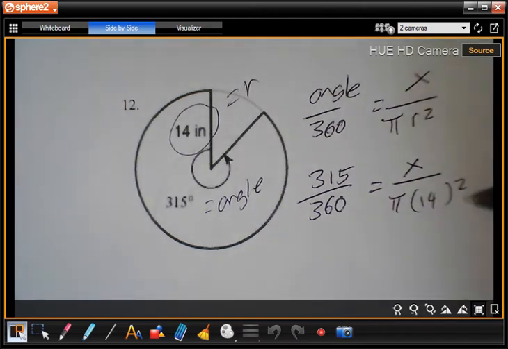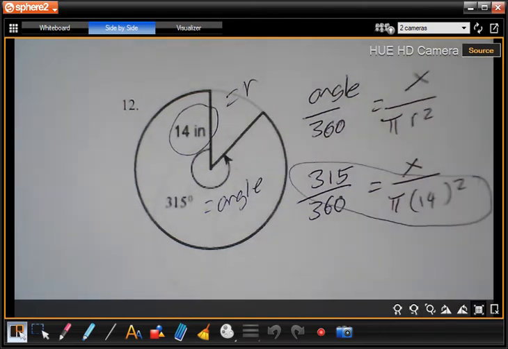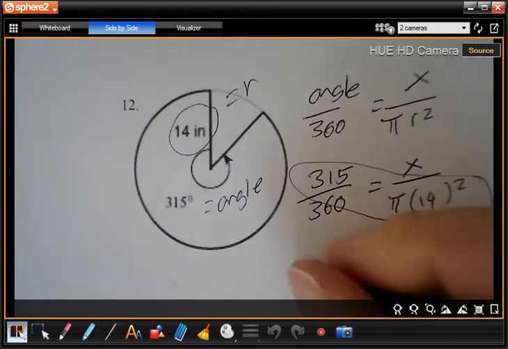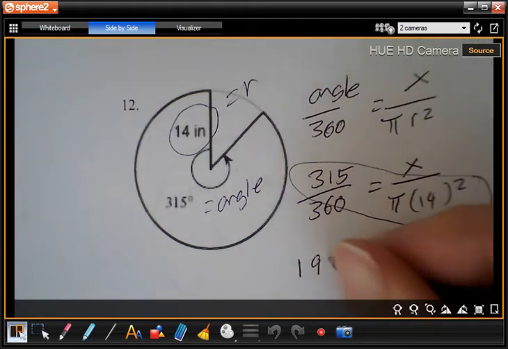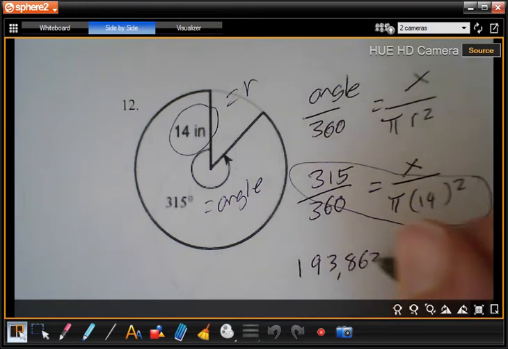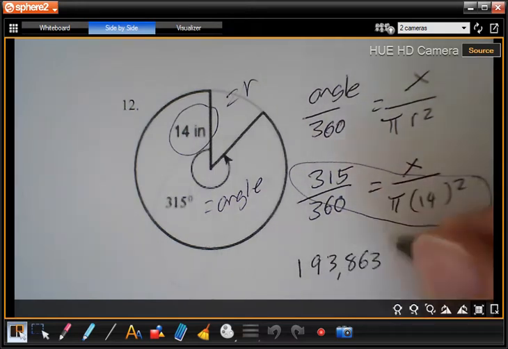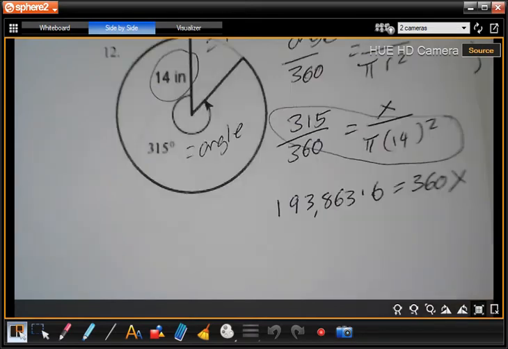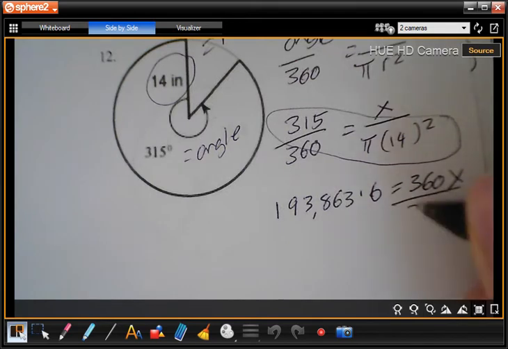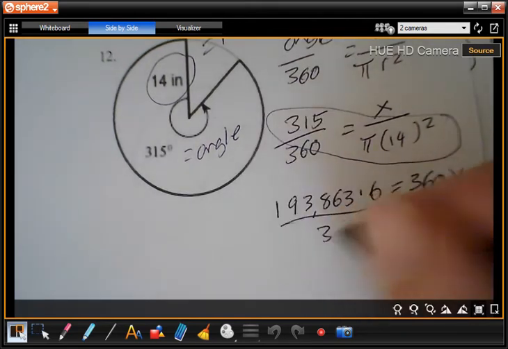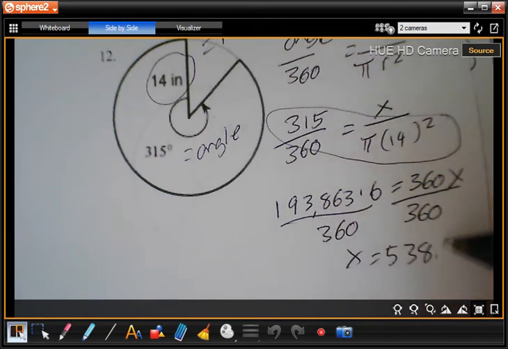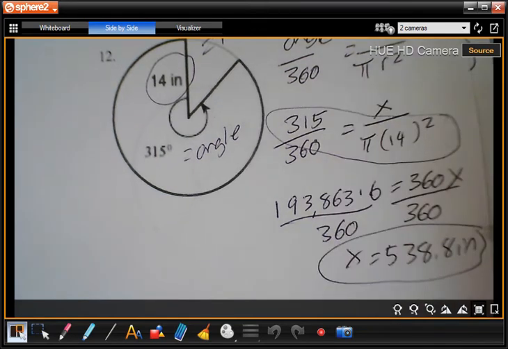I'm going to multiply these together all at once instead of in parts, and I get 193,863.6 equals 360x. Now I'm going to divide both sides by 360, and I get x equals 538.8 inches squared, because it's area.